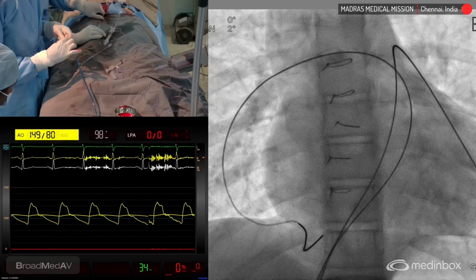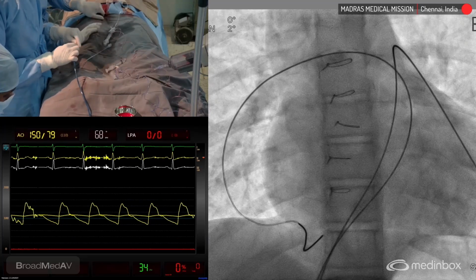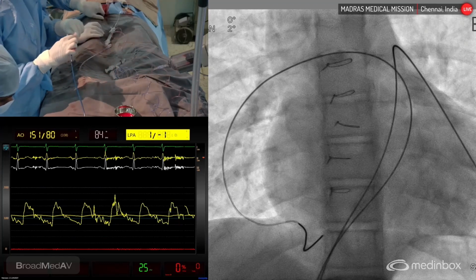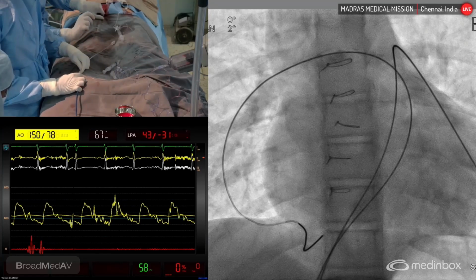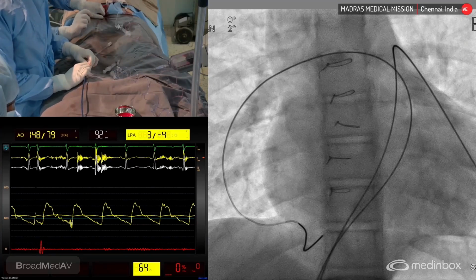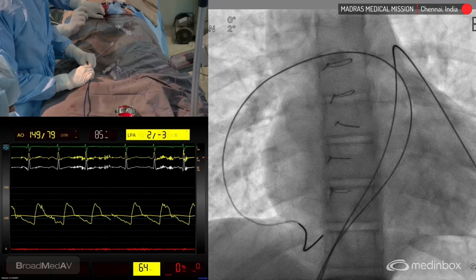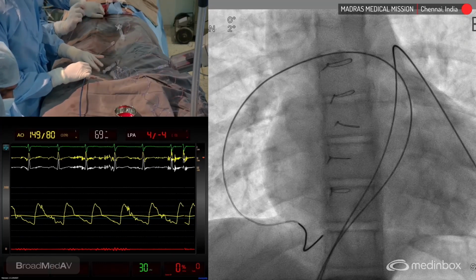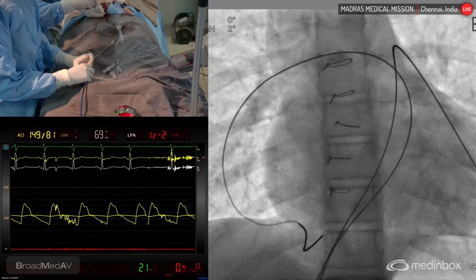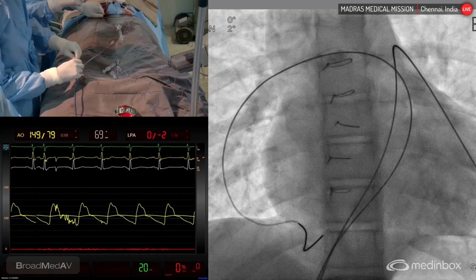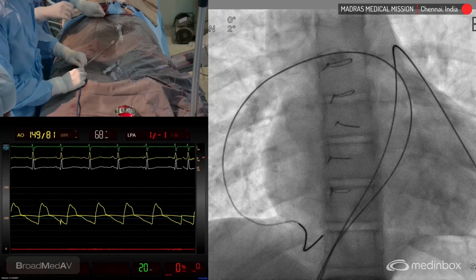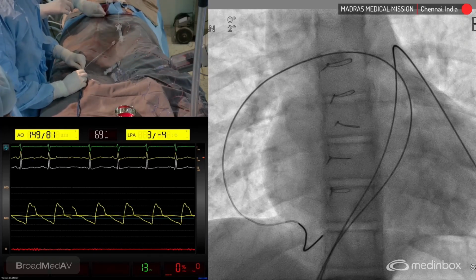So one of the wires goes into one of the lumens, and the other wire goes through the other lumen. This particular sheath allows us to do a bifurcation stenting.